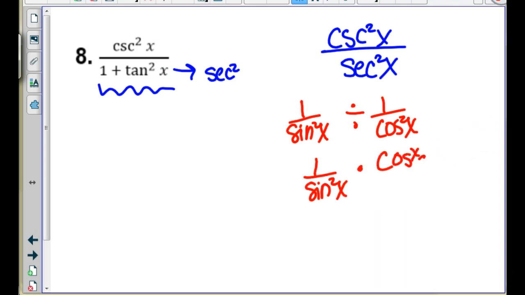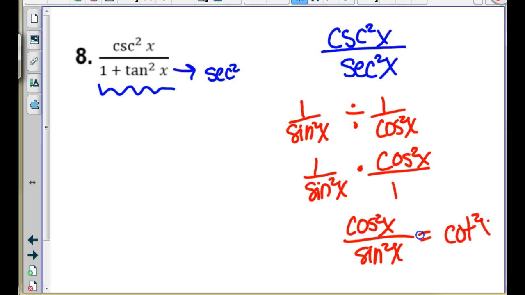Whoops. How did my x become an exponent? That was interesting. What happens when I flip it to multiplication? I have 1 over cosine squared on the top, and at the bottom I have sine squared times 1. Is that a single trig function? Yeah. Cotangent. Yep. So cosecant squared over 1 plus tangent squared simplified down to just cotangent squared.